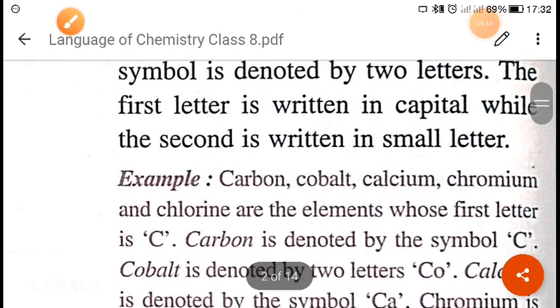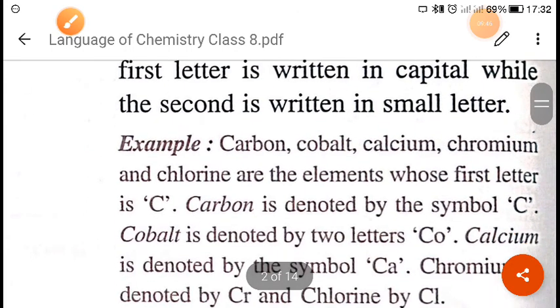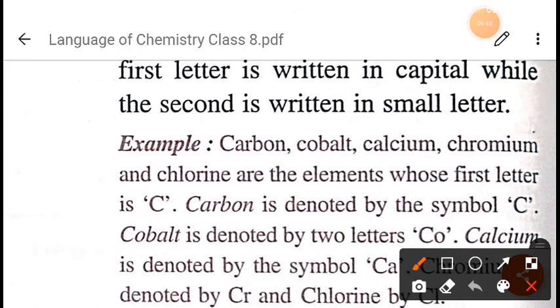Here, if the first letters of the names of the elements are the same, then we use the capital letter as the first letter, and just next to that we use a small letter.